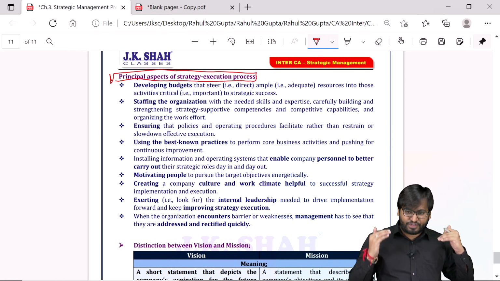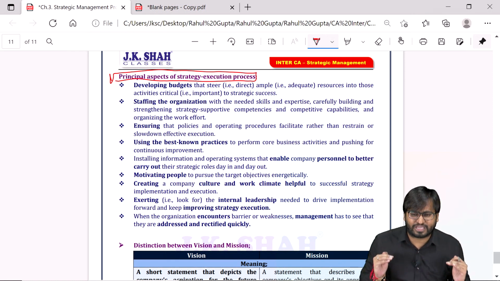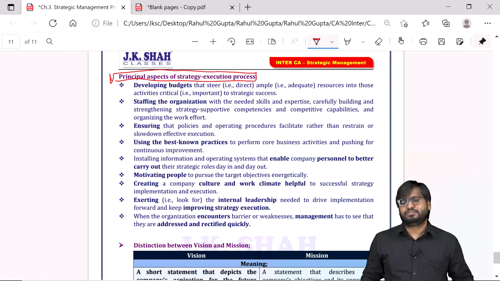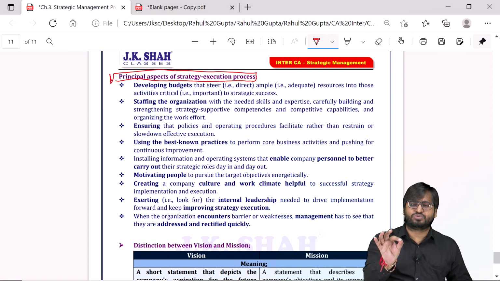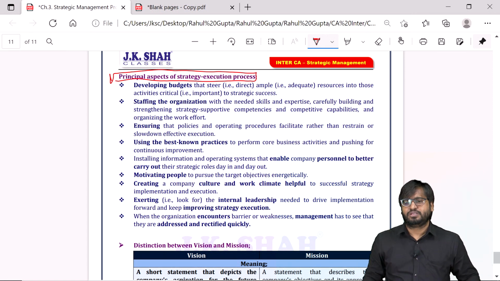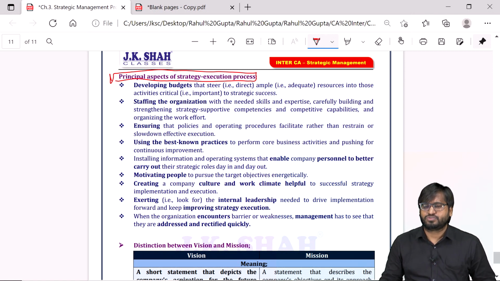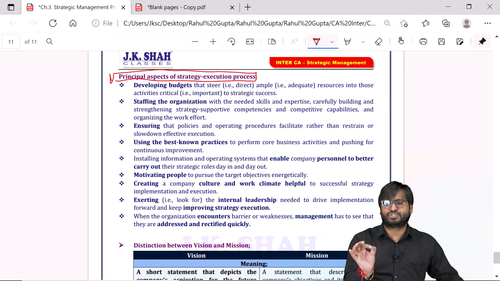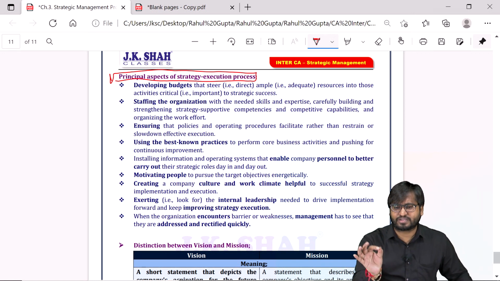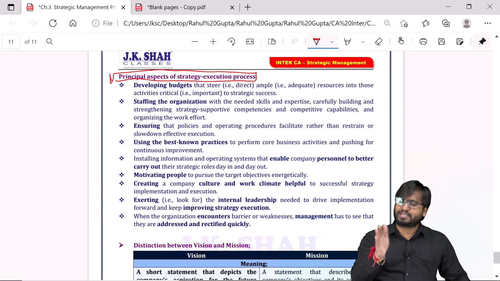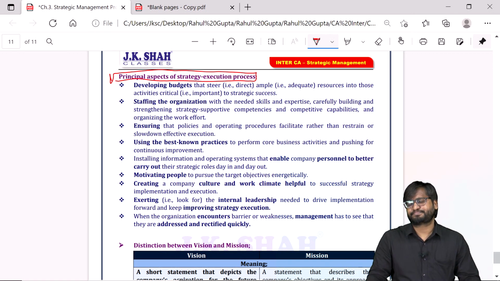Because if we don't have the workers, don't you think we will not be able to produce goods on a timely basis, which will hamper our delivery? So, we need to staff the organization with the right set of workers: skilled, semi-skilled, unskilled.